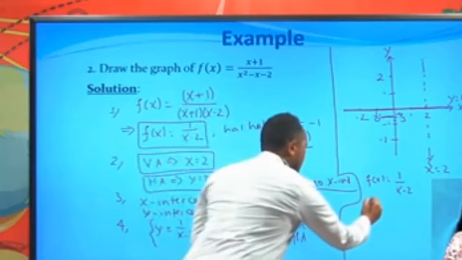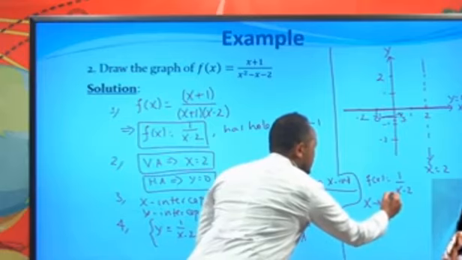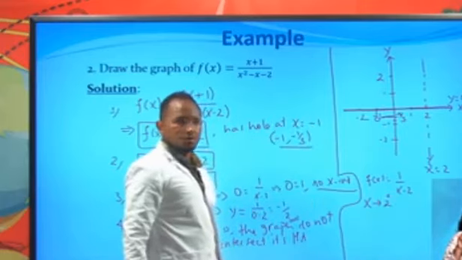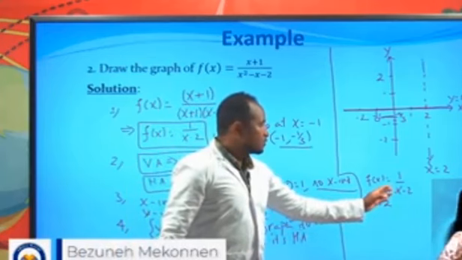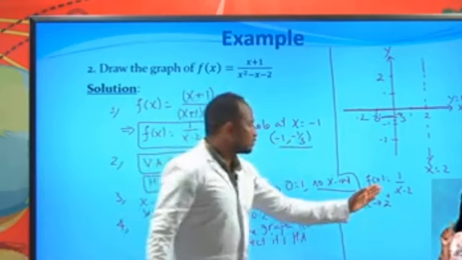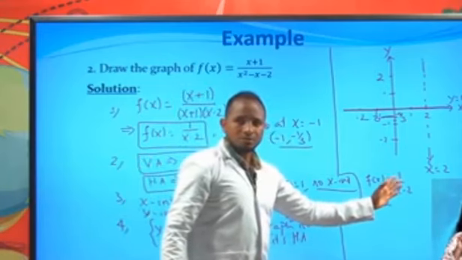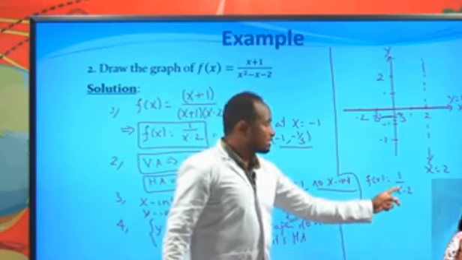So to summarize what we have seen today, the steps to sketch the graph of a rational function. The first step is to reduce the rational function to lowest terms and check for any open holes in the graph. After that, find the x and y intercepts if they exist, and find all its asymptotes.